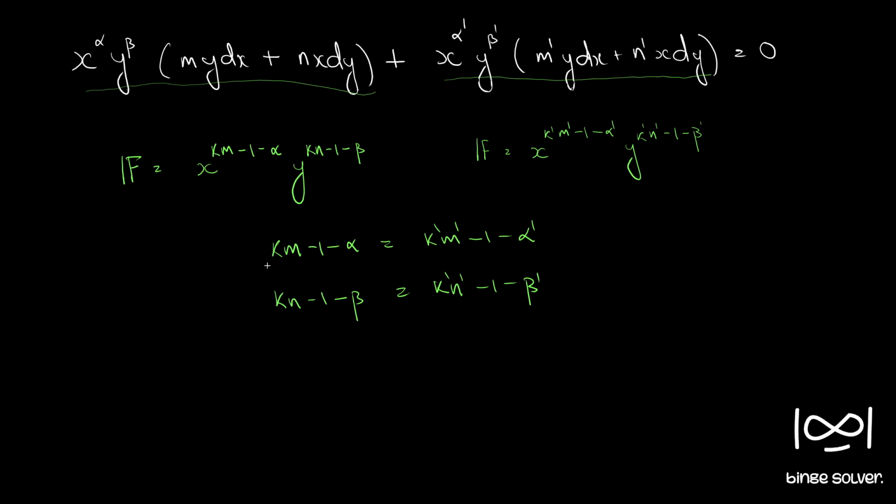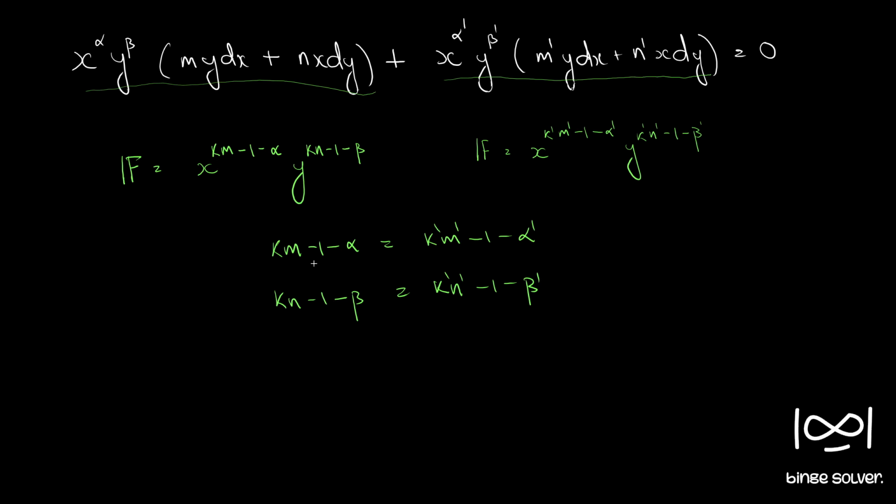If you have doubts regarding this, we'll be solving problems based on this concept. The rule is: just identify alpha, beta, m, n, and alpha dash, beta dash, m dash, and n dash.